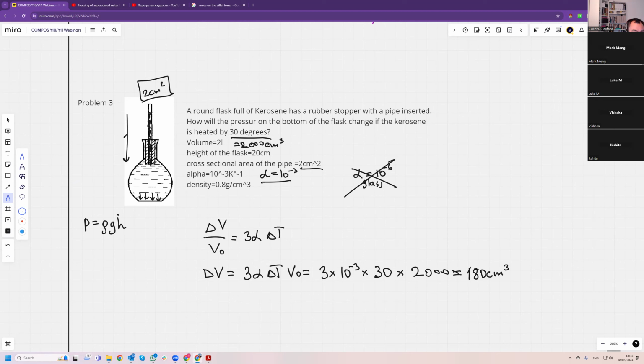That means the additional height is going to be 90 centimeters. Because if you think about it, it's a cylinder, the height is question mark, the area is 2 square centimeters, and the volume is 180 cubic centimeters.